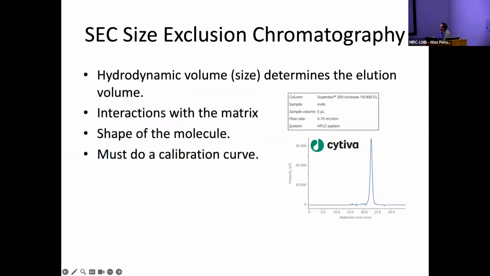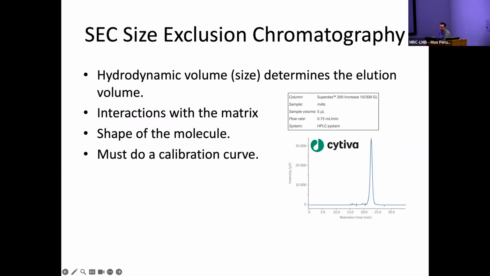I'm sure most of you have done size chromatography. You still sometimes see in papers people do exclusion chromatography and run calibration curves. They run known molecules, create a calibration curve, and then say this is the size of the molecule.